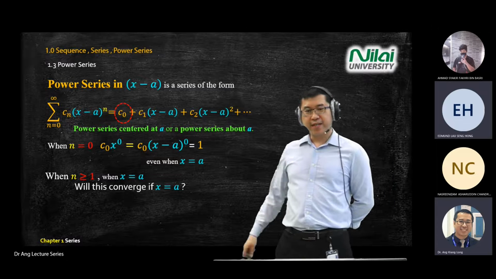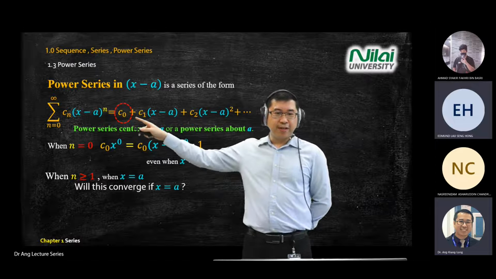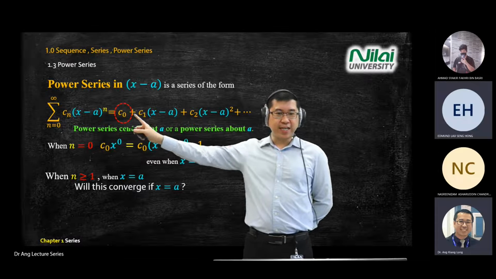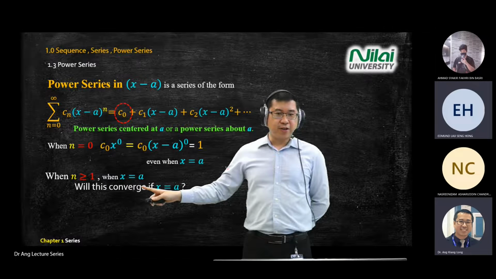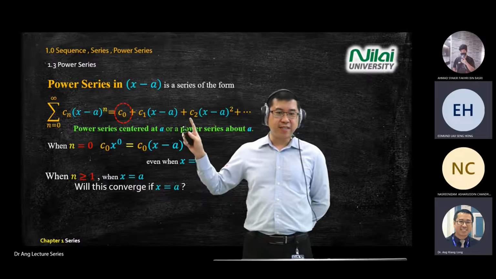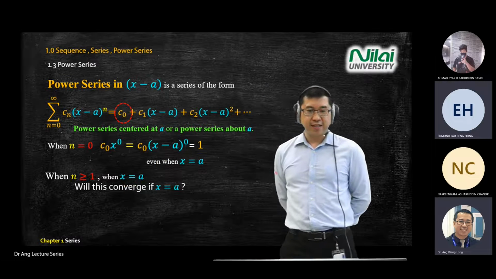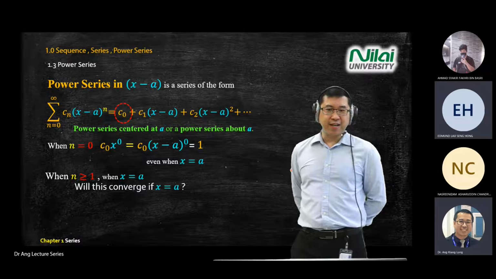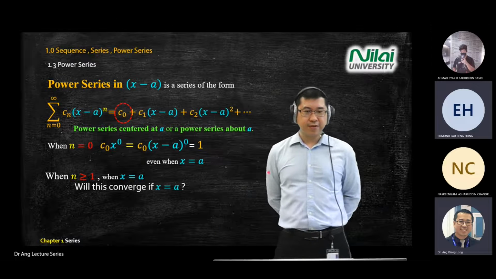Shakir, you want to try? What is the final number? If the question asks you to get the sum of this equation, and your x equals a, and you increase the n from 1 until infinity, what do you get from this equation, Shakir?